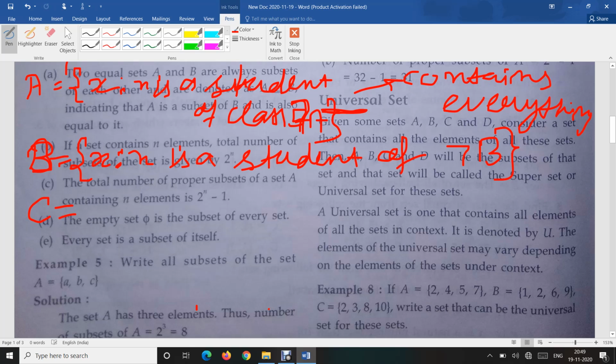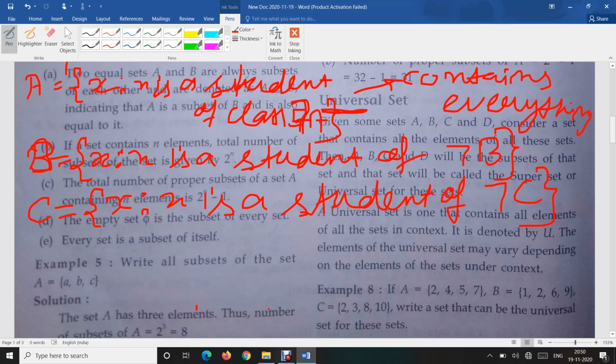Now we have a set C equal to the set of all x such that x is a student of 7C.